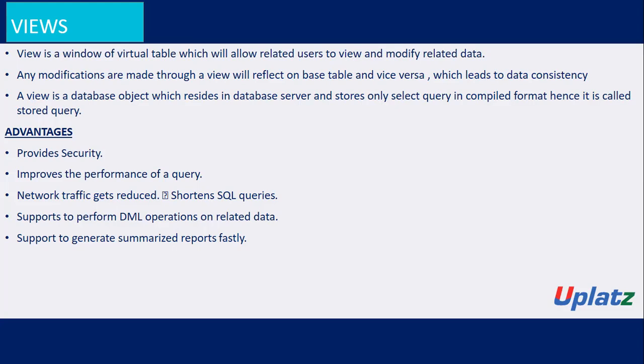That is, if we update any rows or columns in the base table, that will be reflected in the view as well. The view associated with the base table will also get updated. This we have to remember when we are creating a view.